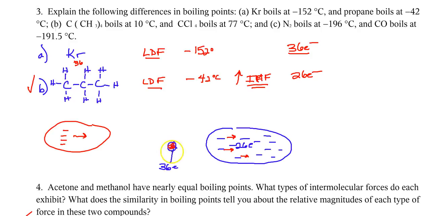Because it's circular, it's non-polarizable, and because it's so small, it must mean that B has a higher what? Boiling point, because it has stronger LDF forces due to greater polarization, because the electrons are more free to move along this bigger, longer molecule.